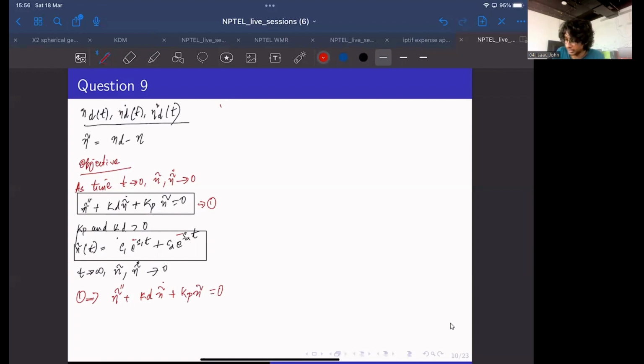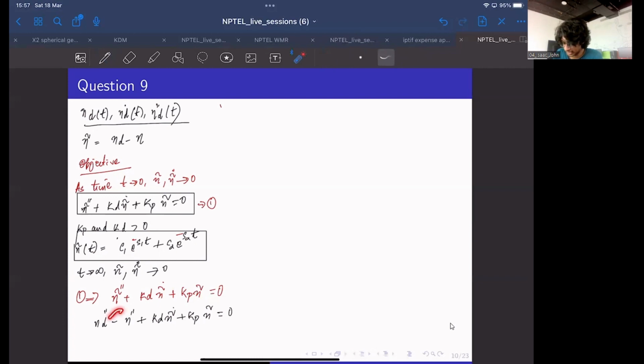And I'm rewriting eta tilde in terms of eta desired and eta. So it'll turn out to be eta desired double dot minus eta double dot plus KD eta tilde dot plus KP eta tilde equal to 0.